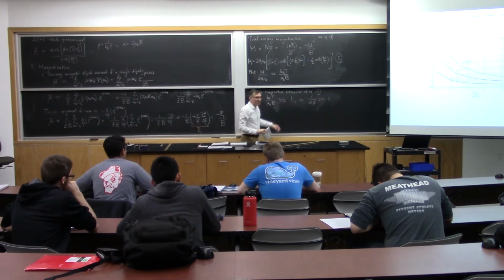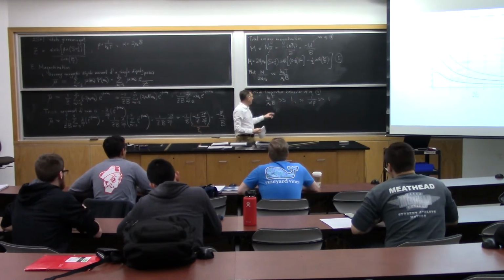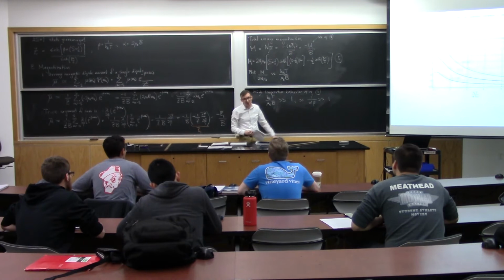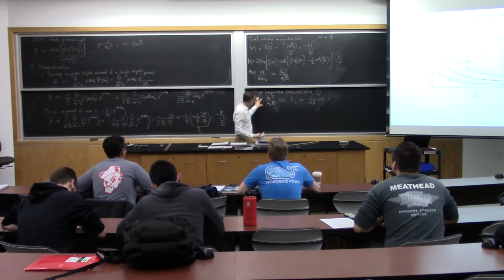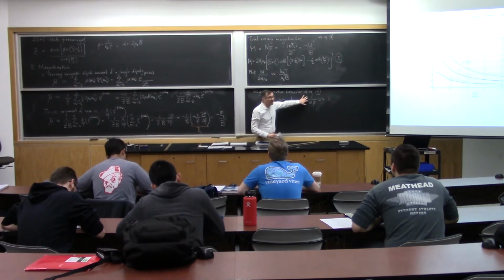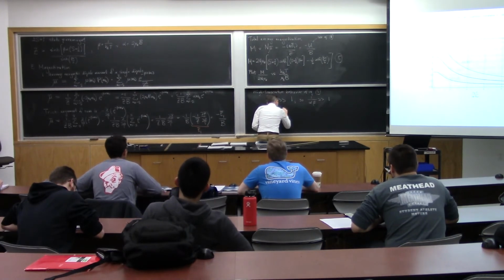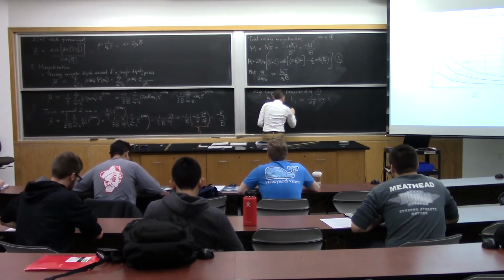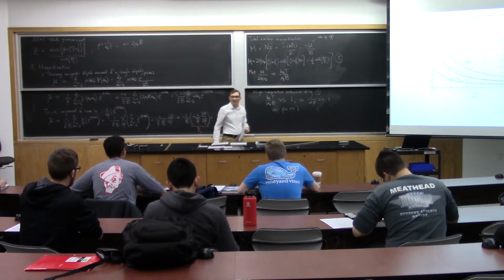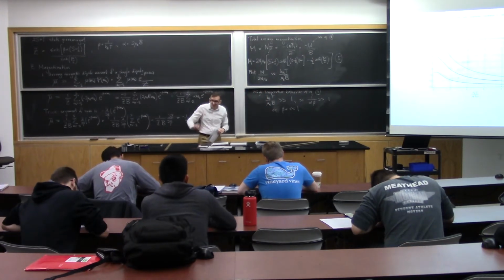If that's much, much larger than 1, then kBT over 2 mu B is much, much larger than 1. Right? So saying this is equivalent to saying this, is what I'm arguing. And saying that is equivalent to saying beta times alpha is much, much less than 1. Flip it. Okay?